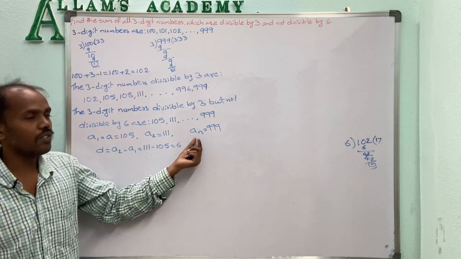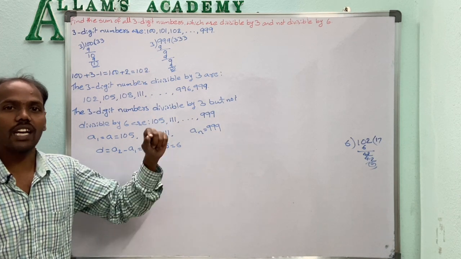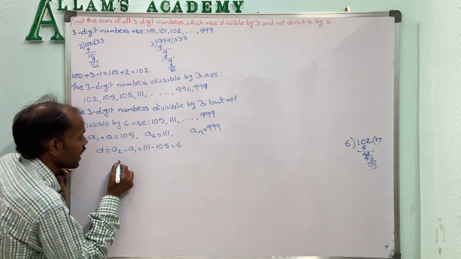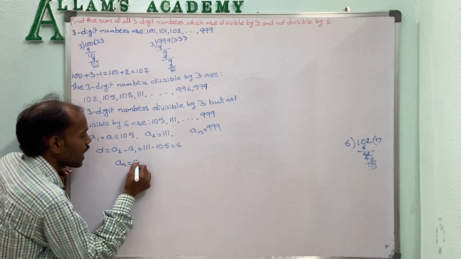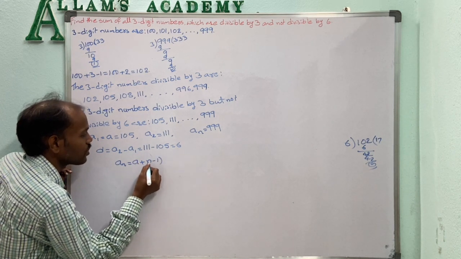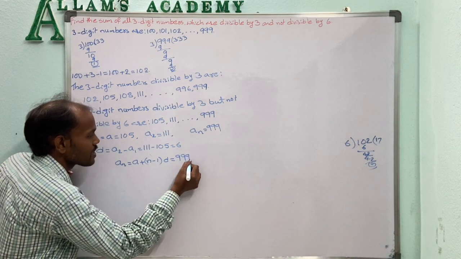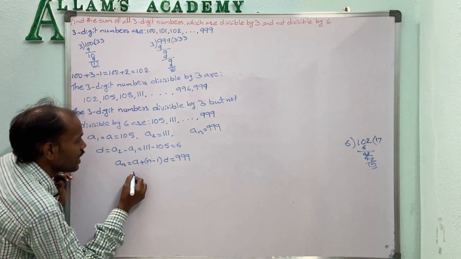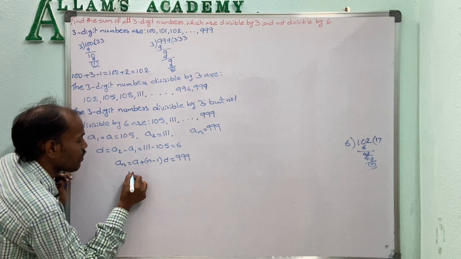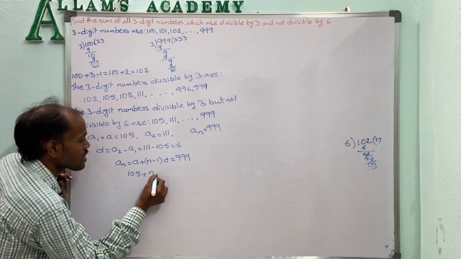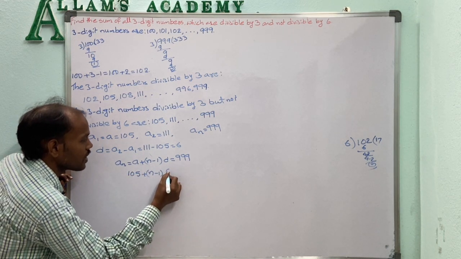Now we find the n value by the general form of an arithmetic progression, an is equal to a plus (n minus 1) into d, substituting. So an value is 999, a value is 105 plus (n minus 1) into d, where d is 6.